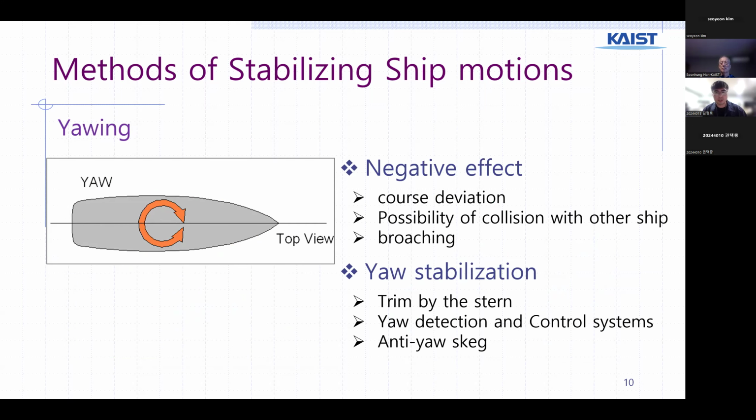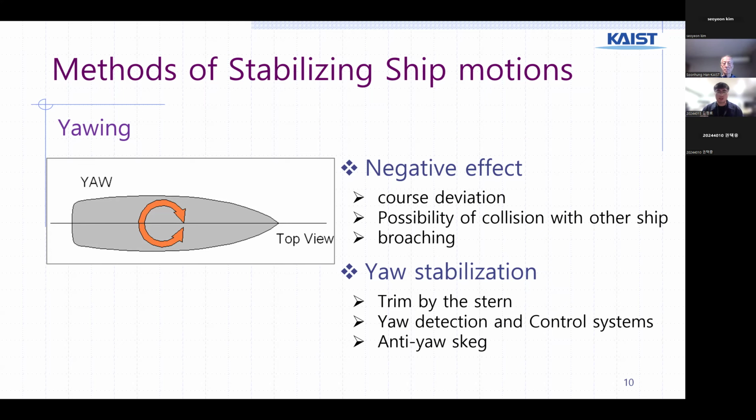Last, yawing. Yawing is when the ship rotates right and left about the vertical axis. This is mostly seen when the ship moves with the waves from behind. The negative effects of yawing are course deviation, possibility of collision with other ships, and broaching.